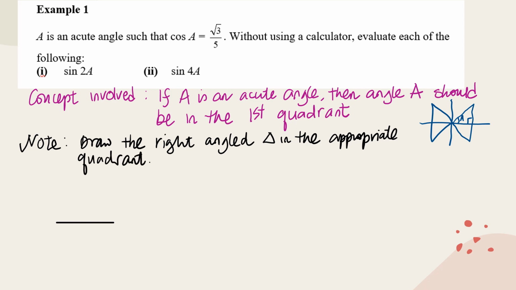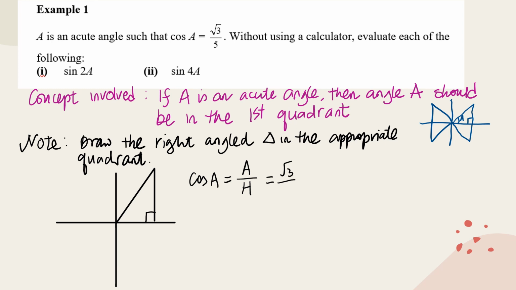Right, so square root 3 over 5 is the ratio for cosine A. And the ratio for cosine A is the length of the adjacent side divided by the length of the hypotenuse.